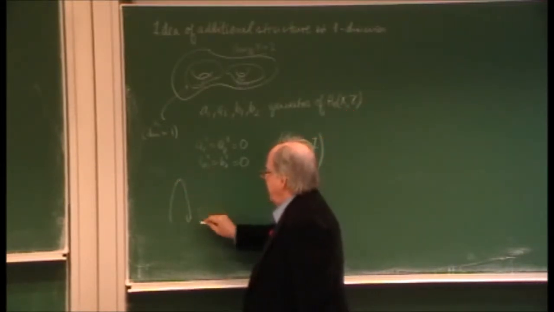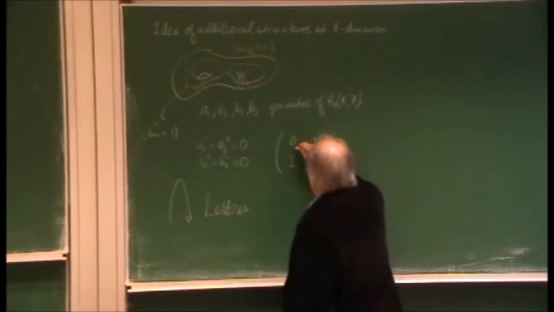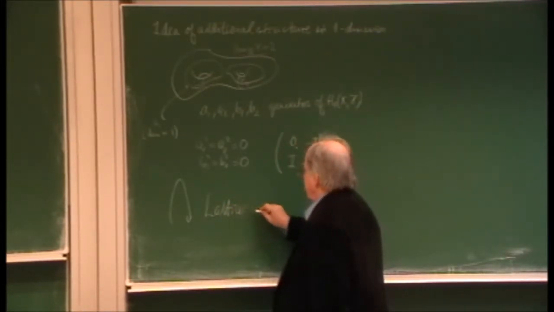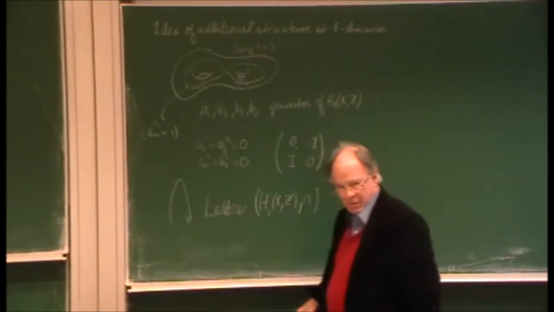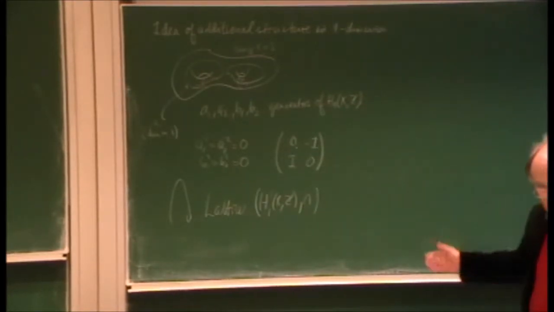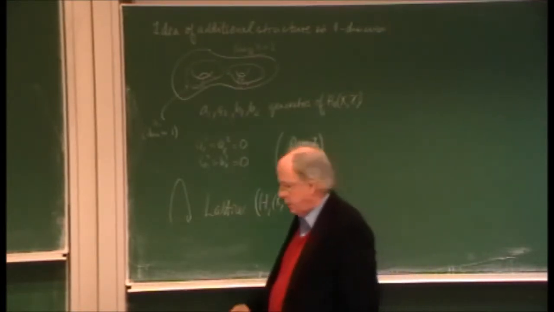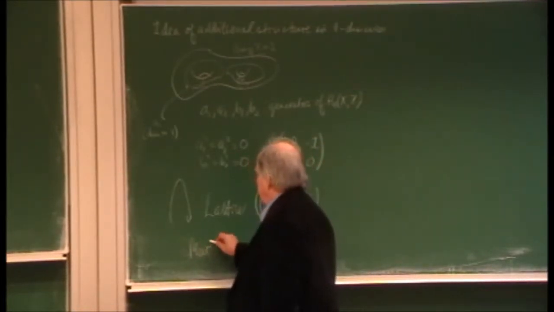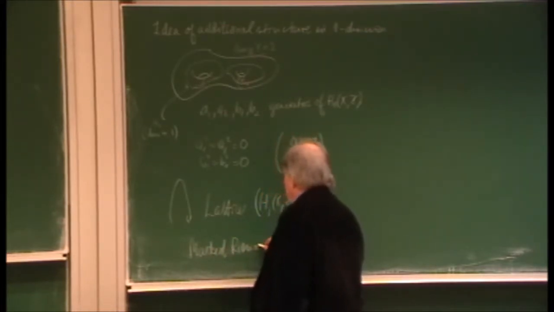So what you get is a lattice here. This is the lattice H1(X, Z), homology of X with Z coefficients, with an intersection pairing. Okay. So a marked Riemann surface in the sense of Teichmüller.